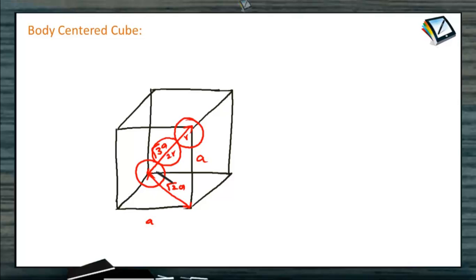This distance 4R is equal to root 3 A. So this would be the neighboring distance between the two atoms, that is equal to root 3 A by 2, that you can see in this picture.